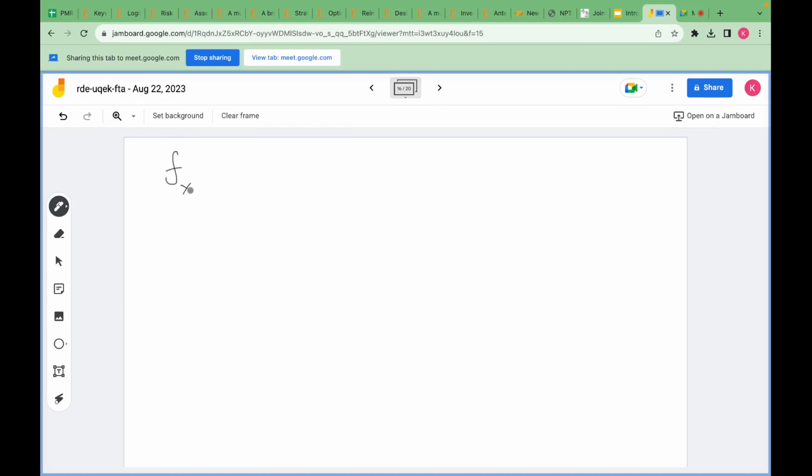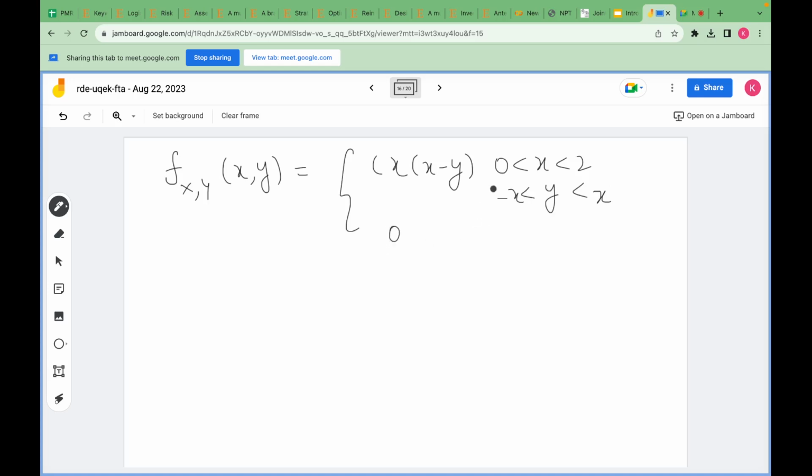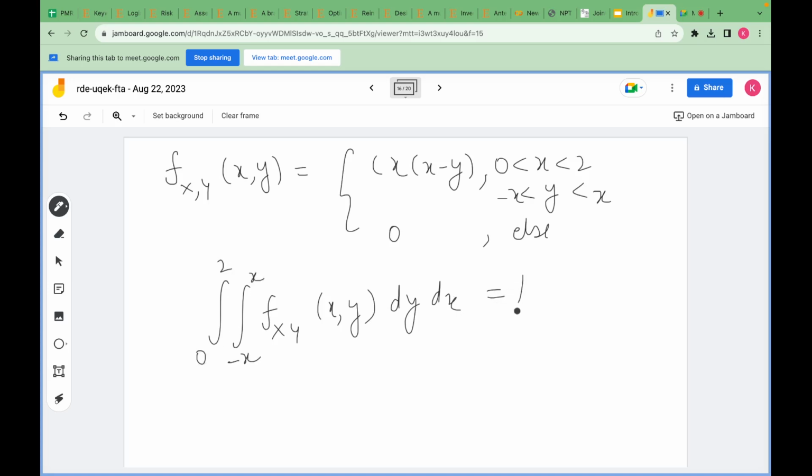So the joint probability density function is given as cx(x minus y) when x varies from 0 to 2 and y varies from minus x to x, and 0 elsewhere. So now we know that the double integral of f(x, y) dy dx, where y varies from minus x to x and x varies from 0 to 2, is equal to 1. So we will just put in the values.